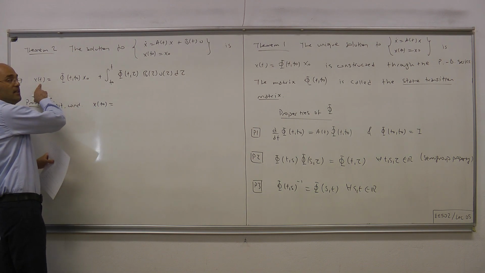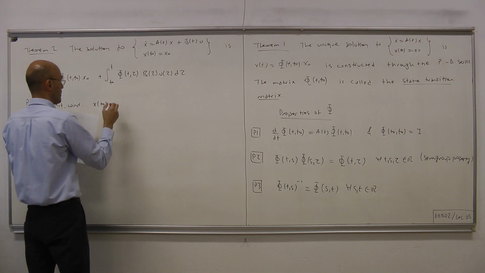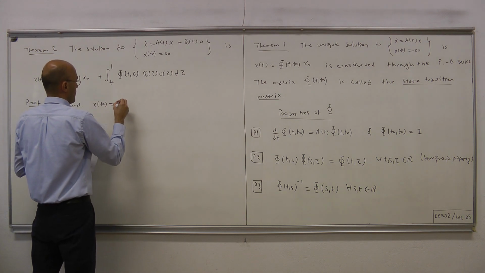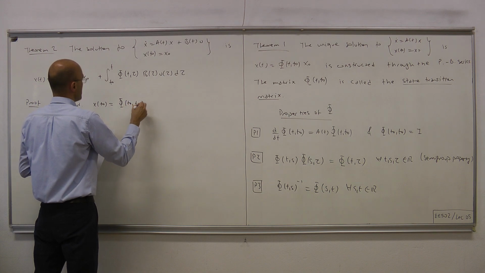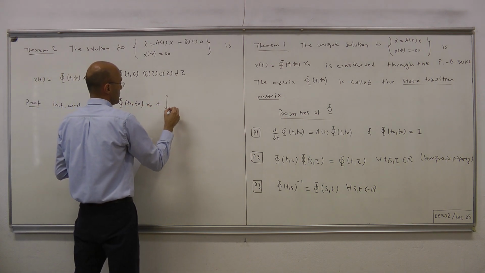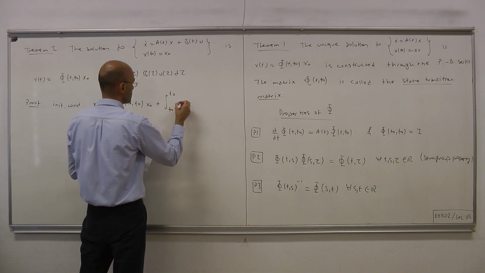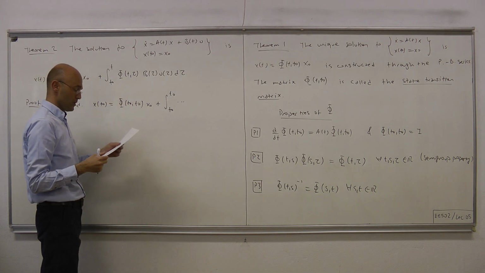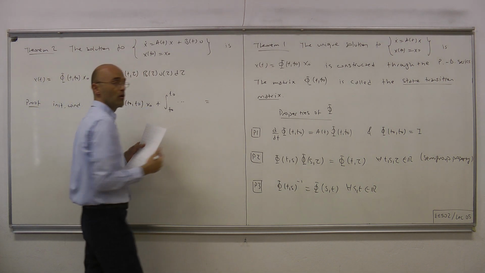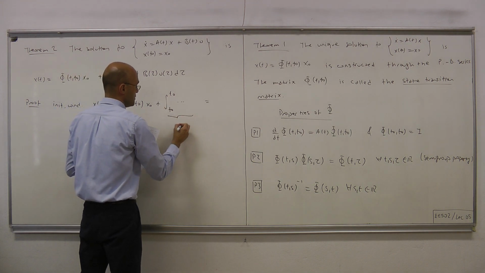So for this, plug in t equals t0 wherever we see t. So what we have here is phi(t0,t0) times x0 plus the integration from t0 to t0. This equals what? Since the integration is from t0 to t0, this is 0.